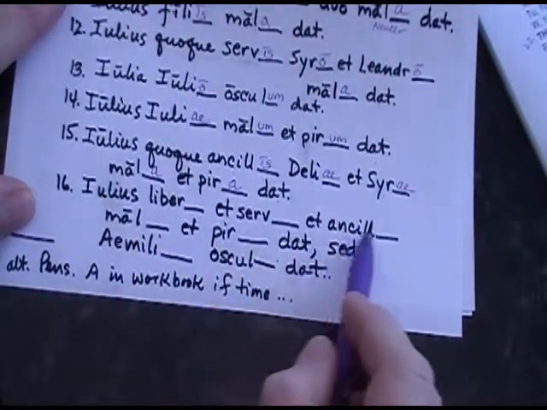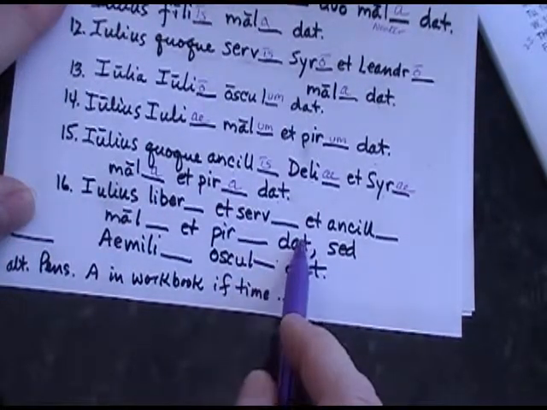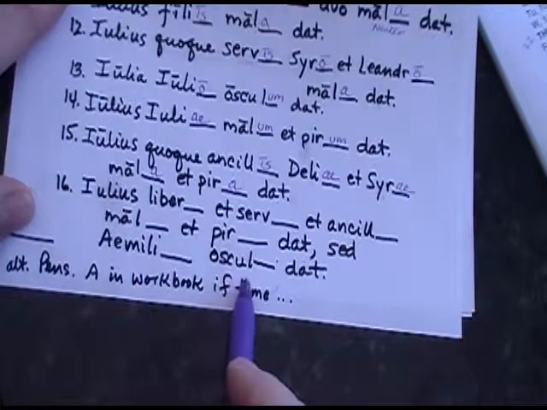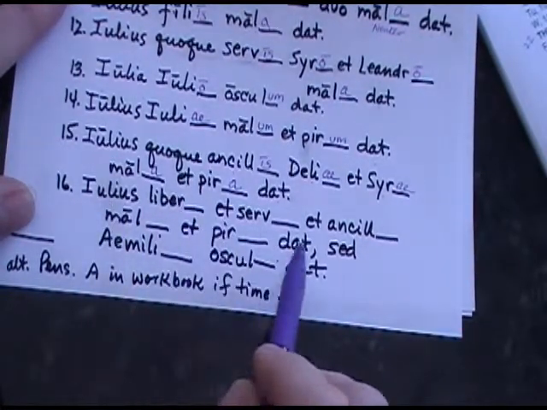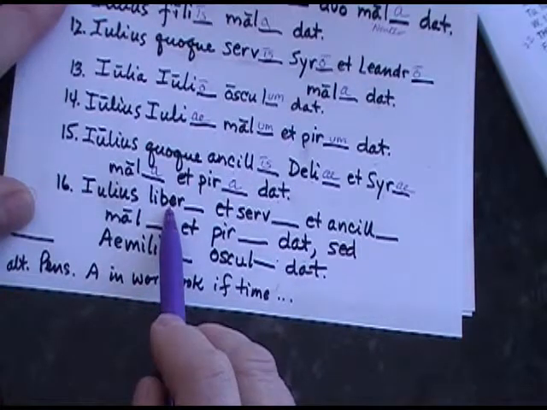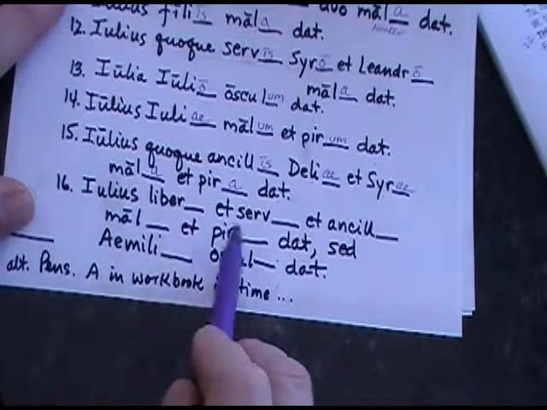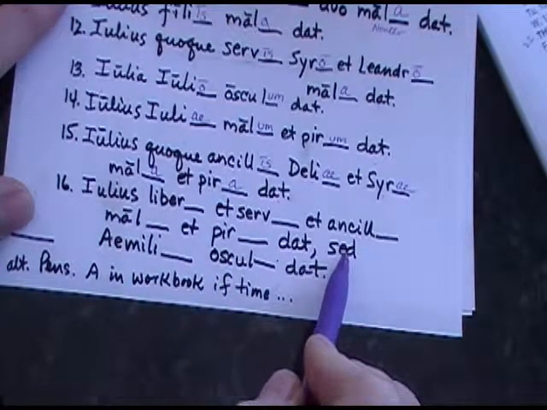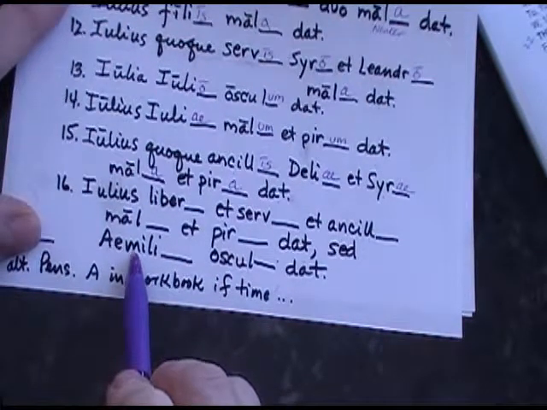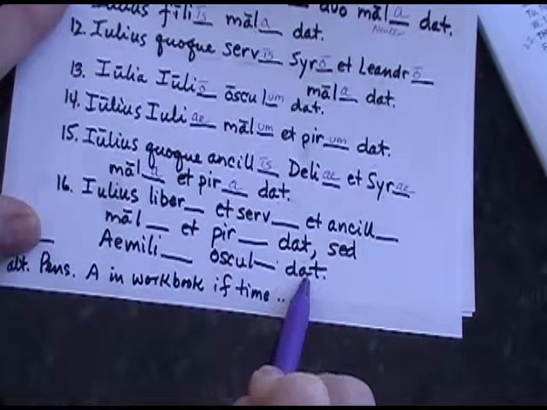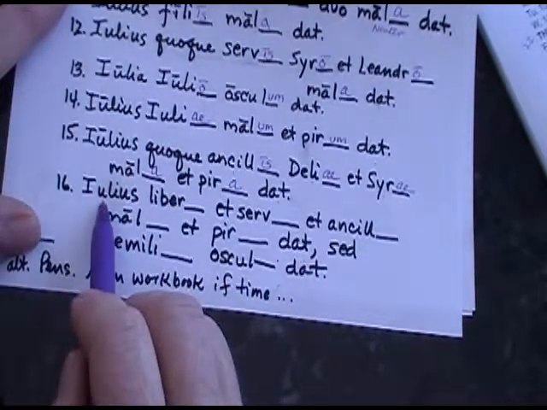Julius is doing a lot of giving here to a lot of people and things. Right, so Julius over here is giving the children and the slaves and the maids apples and pears, but he's going to give to Amelia a kiss he gives. So let's see what we need here.